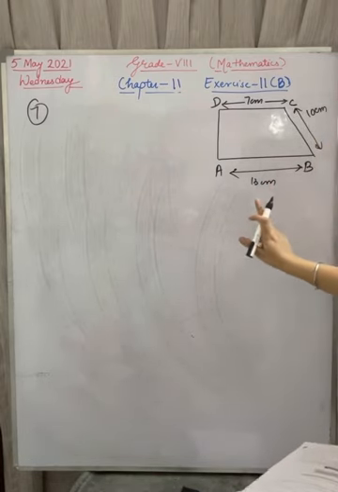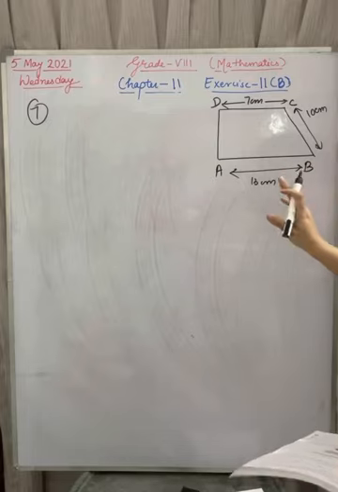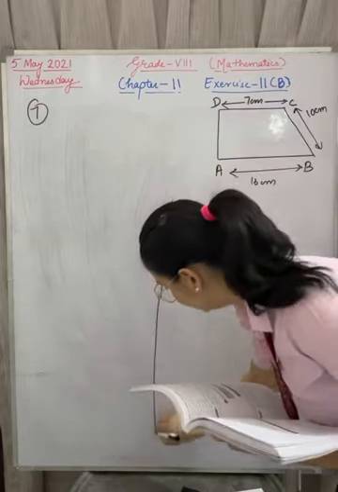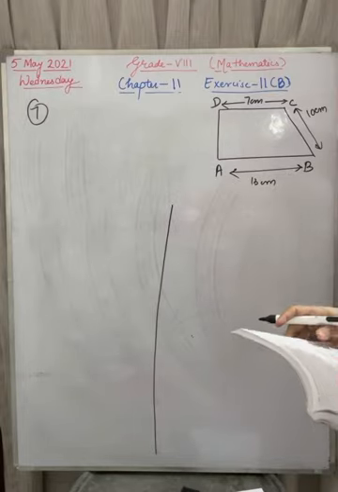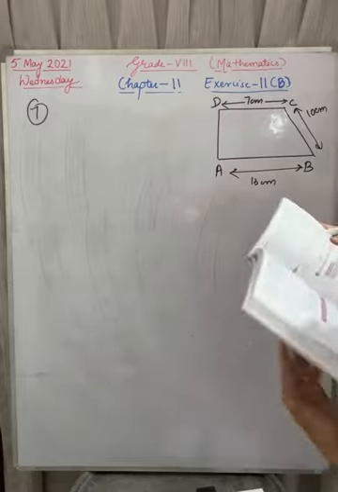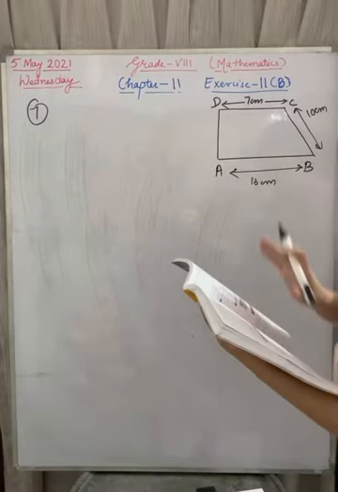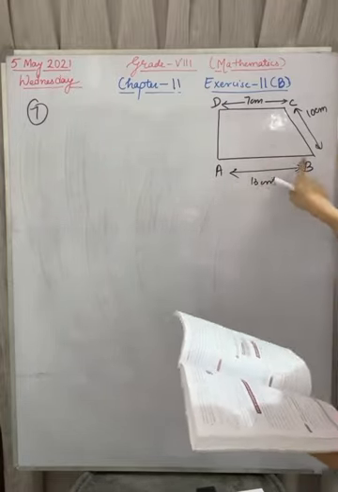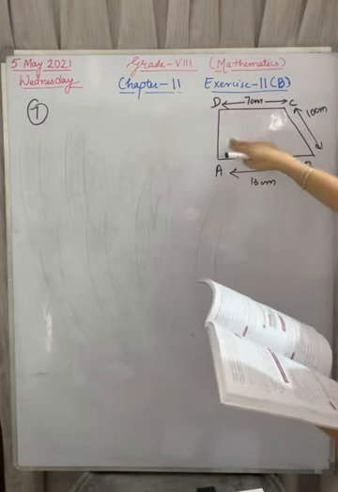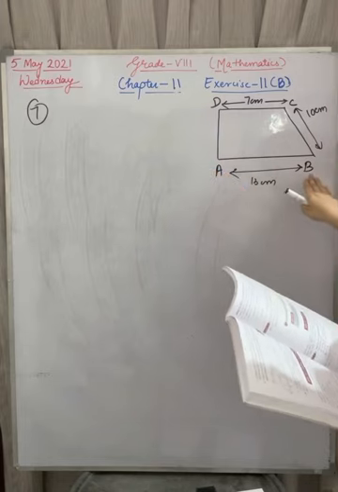The question is very easy, but it is a bit lengthy. So please try to understand the question very, very carefully. Now see, in this question, they are saying that in this figure, AB is parallel to CD, okay, and DA is perpendicular to AB, right?